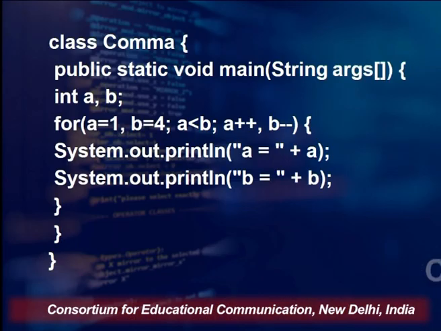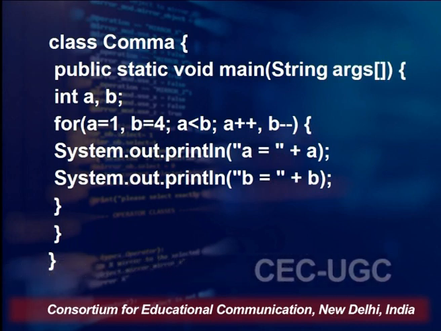One thing which is important in case of for statements is the initialization and the increment or decrement, which is the iteration condition. There can be multiple such expressions, as shown here. Within the for, we have a equals 1, comma, b equals 4, followed by a semicolon. That means a equals 1 and b equals 4 are both initialization expressions.